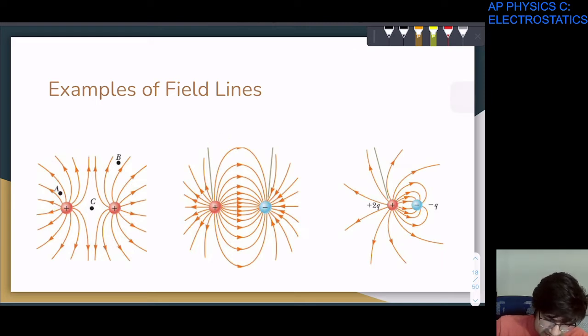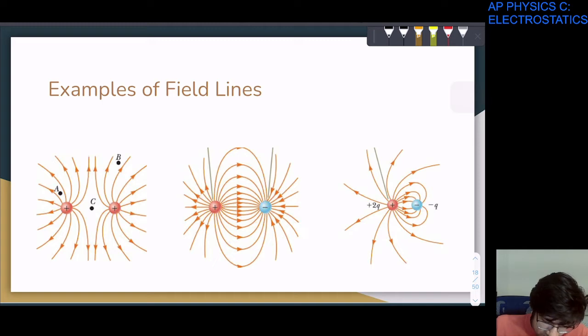Now let's look at this diagram in the center. In this case here, we have positive and negative. The number of field lines coming out of both should be equal. And look now in the center over here. In the first diagram, we could not have any field lines in this area here, right? Because otherwise the lines will cross.